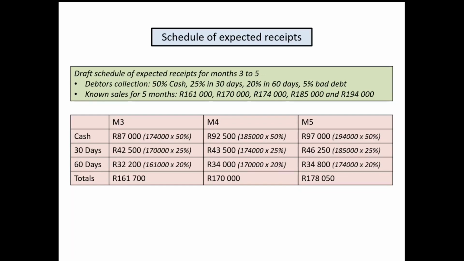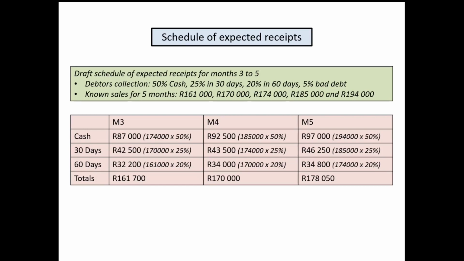And then go 2 months back and we divide that by 5 or multiply it by 20%, and we see that that is 34,800. And once again, we simply add all of them up. Now you will ask me, what about the 5%? Well, nothing about the 5% that you lose. You're not going to calculate it, because this is just a schedule of receipts.